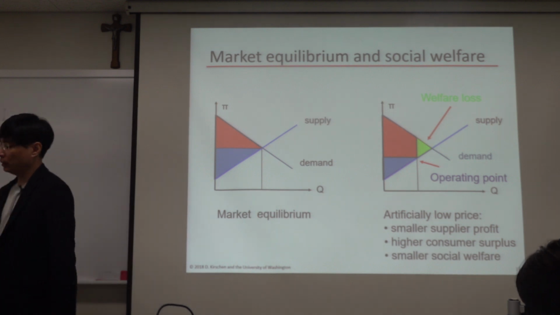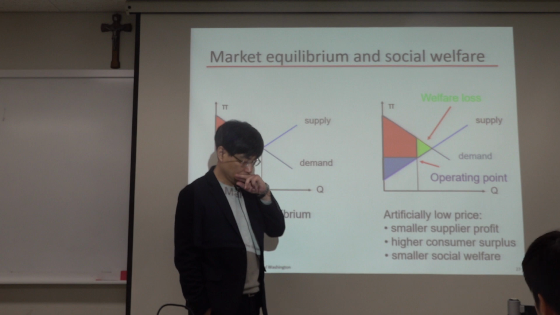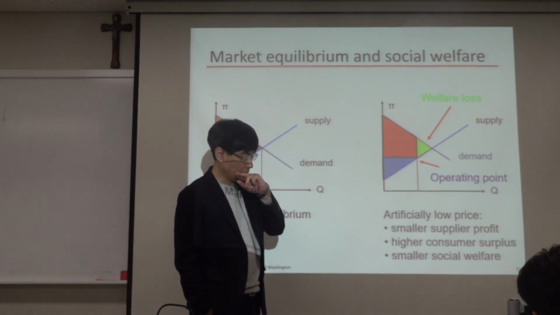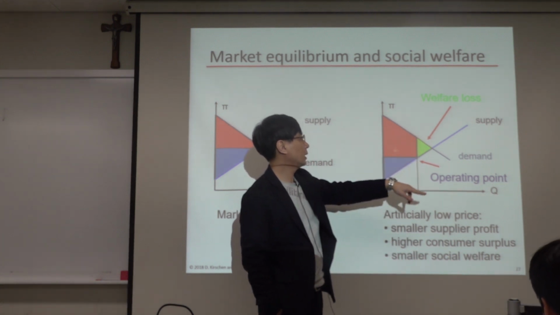All I can say is that at this point it is Pareto efficient because you need to sacrifice one for the other.